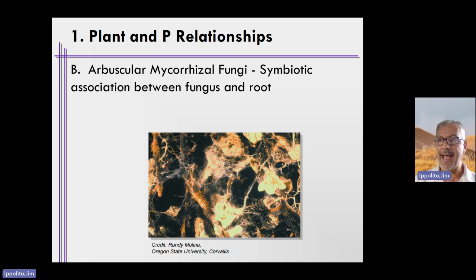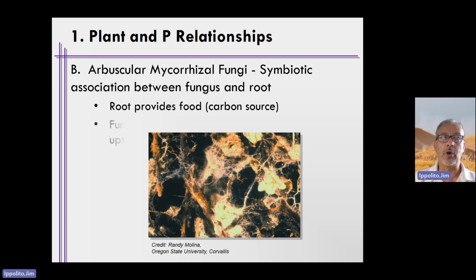Okay, regardless of how this association is created, this is what occurs. The root provides food to the microorganism, the arbuscular mycorrhizae, in the form of carbon or carbohydrates. So this is the energy source for the fungi.